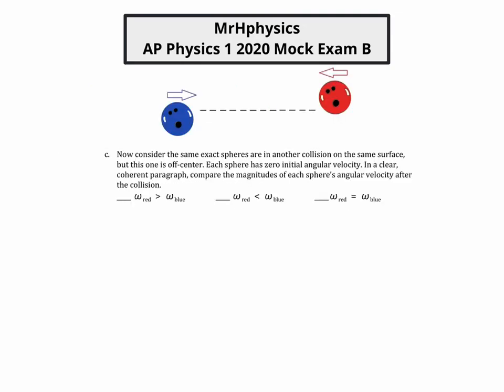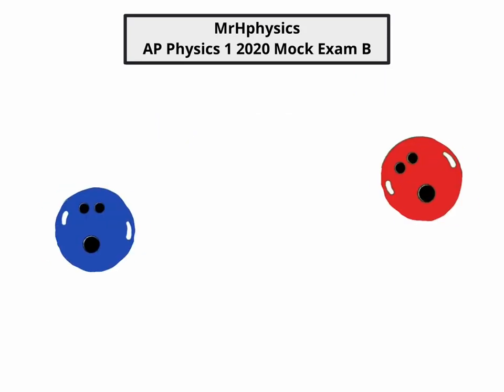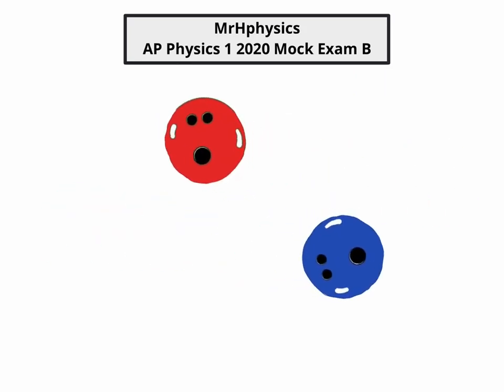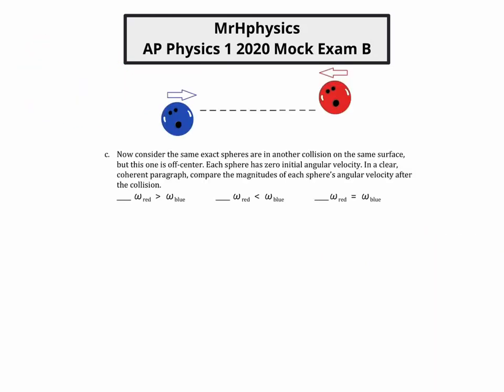Now we consider the exact same spheres, but they're approaching each other kind of off-center. So they're going to collide, not head-on, and we're going to compare the magnitudes of their final angular velocity after the collision. So hopefully when you're evaluating a collision like this, your mind goes to those key overarching laws, such as the law of conservation of angular momentum in this case.